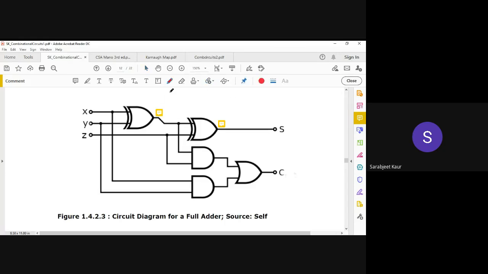Let me see if I have a tool here. So this is y. I'm drawing this here.